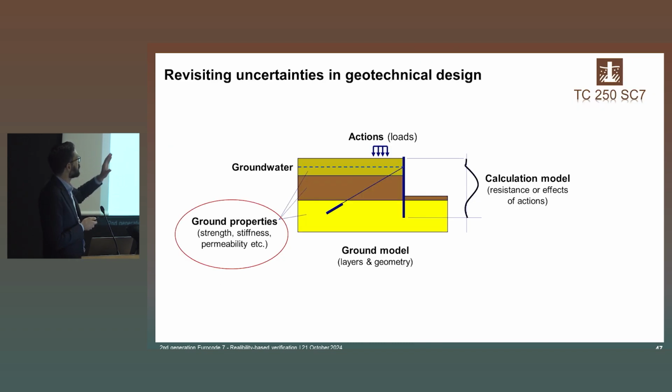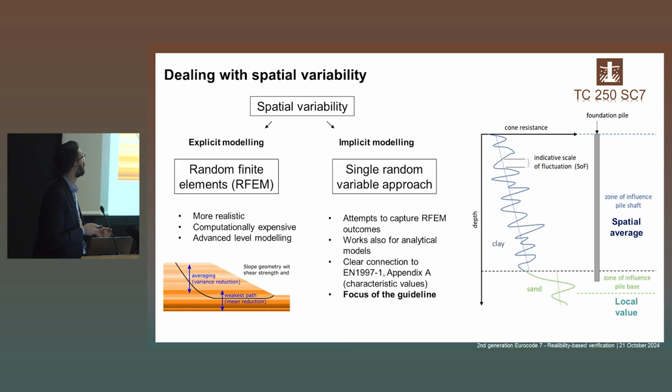So we're back here to the ground model, and we have some ground properties that Stefan presented that we are now interested to quantify the uncertainty in. So what do we need to consider here? Already in the previous session, the other presenters talked about the spatial variability. In principle, there are two ways of modeling and dealing with this spatial variability.